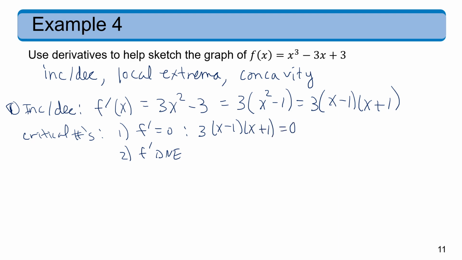Since it's already factored, we just take each individual factor and set it to 0. Notice I don't need to set 3 equal to 0 because there's no x in that, and 3 never equals 0. And then solving each one of these, I get x equals positive 1 and x equals negative 1. So these are 2 of my critical numbers.